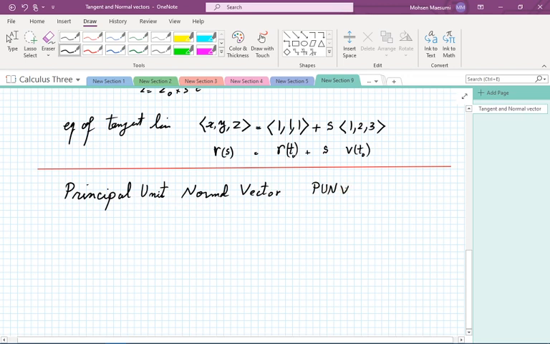What do you mean by principal? What is this doing? What do you mean by principal unit normal vector? Well, normal. First of all, what is normal? Let's suppose we are on a trajectory like this, going up or down. Let's go up. Suppose I'm going up here. So we said we have a tangent vector. Okay, tangent, it's kind of obvious what it is.